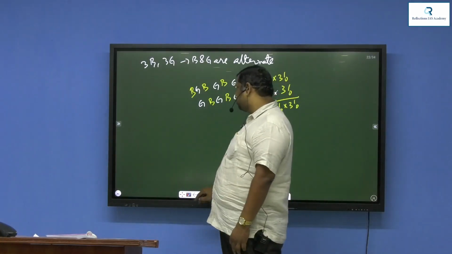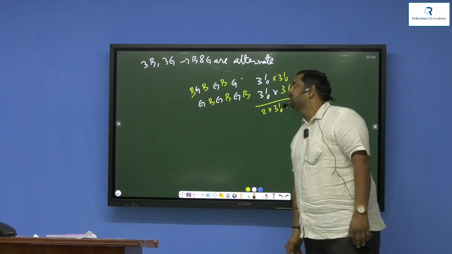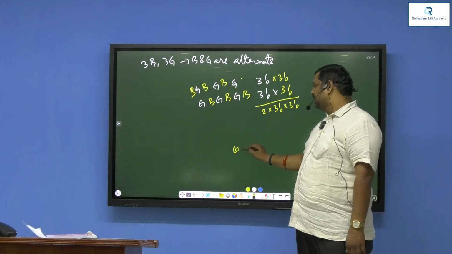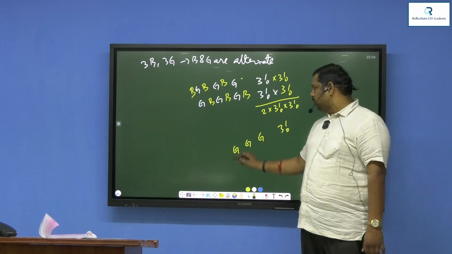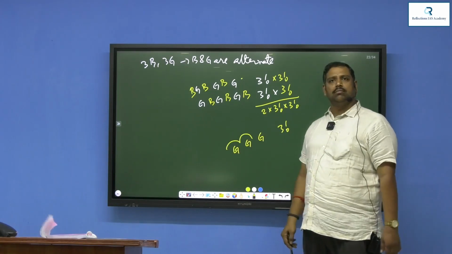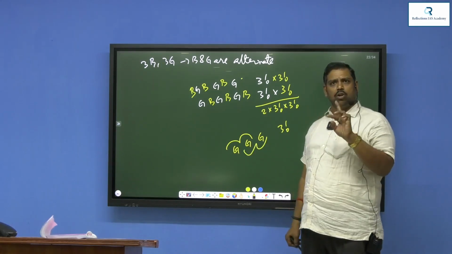Suppose you go to the previous question, that is, boys and girls alternate, right? In this question also, you arrange, suppose, three girls, girl, girl, girl, in 3 factorial ways. Now these three places are given for the boys, 3 factorial. Means total 2 ways are there.